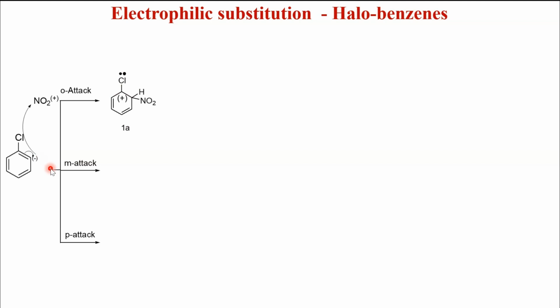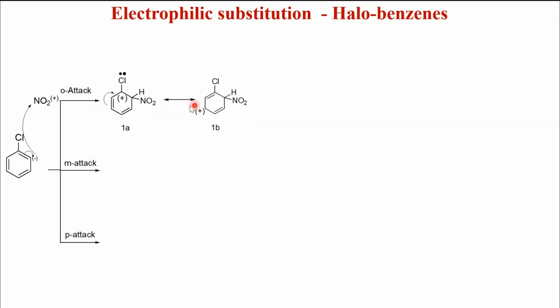When the ortho attack takes place, a carbon-nitrogen bond is formed between the nitronium ion and the carbon at the ortho position. As the electrons are moved over to the ortho position carbon, the adjacent carbon becomes a positive center. To satisfy this positive center, the pi electrons from the adjacent carbon move. Once they move, the positive center is satisfied and the carbon from which they moved becomes electron deficient, that is, a new carbocation is formed.